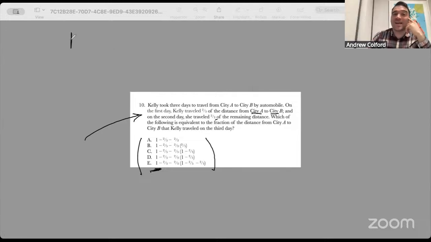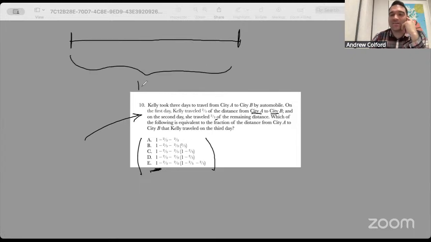So we could say, all right, city A to city B is 1 mile, call it. On the first day, she traveled two-fifths. Oh, I should also note up to this point, they're all identical. It's one minus two-fifths. So the first day she travels two-fifths of the distance, that's two-fifths of a mile.